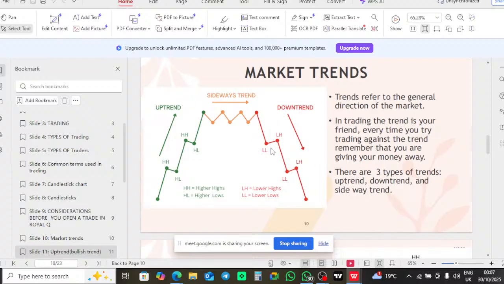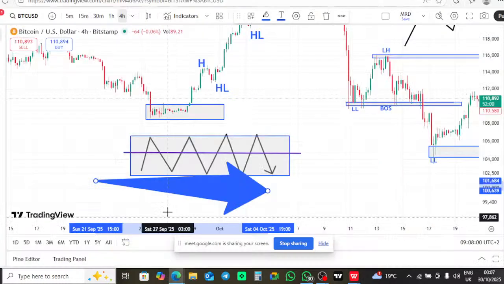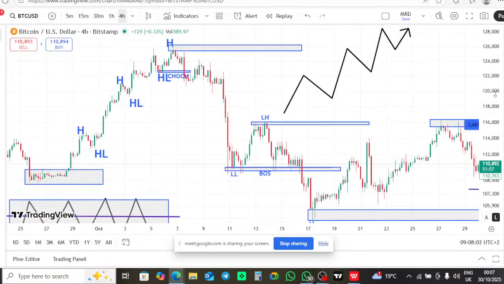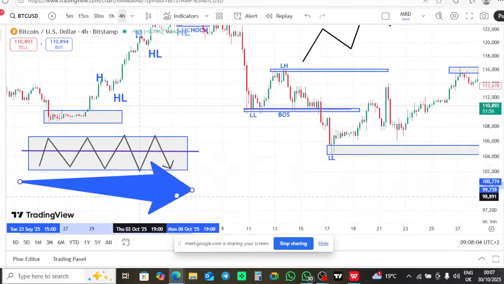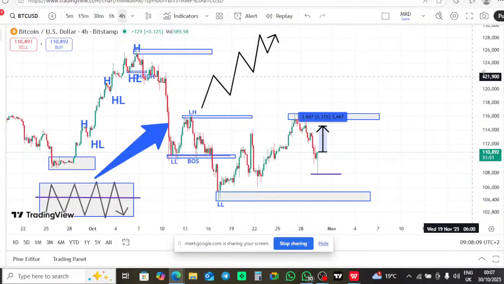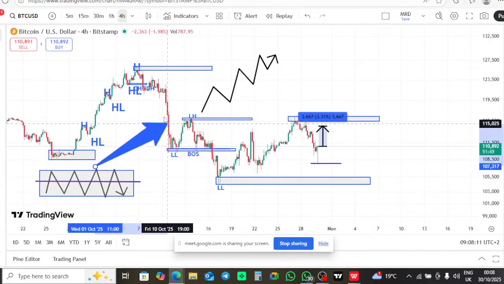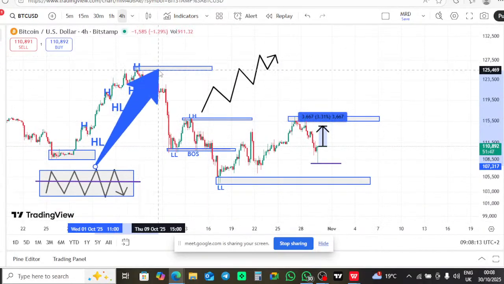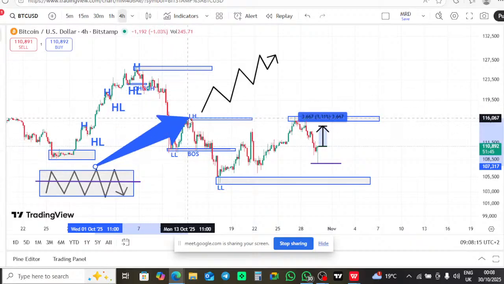And a downtrend is having what we call the lower lows: a lower high, then a lower low, and again a lower high. It's like that. And currently, this is our downtrend. Can we be able to see it? After creating this high, it started dropping, dropping, dropping.